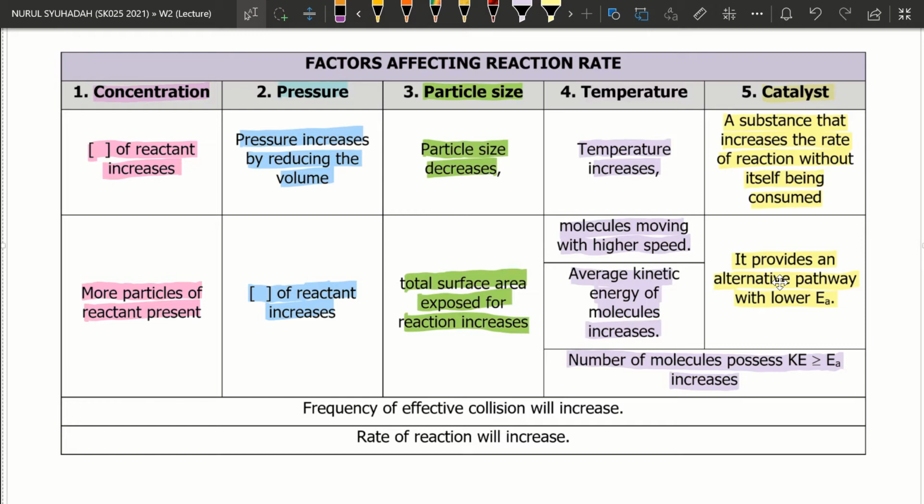The reactant particles can change into the product faster as the energy needed is less. So that's why the number of molecules possessing kinetic energy more than or equal to the activation energy will increase. Thus, the frequency of effective collisions will increase and the rate of reaction will also increase.